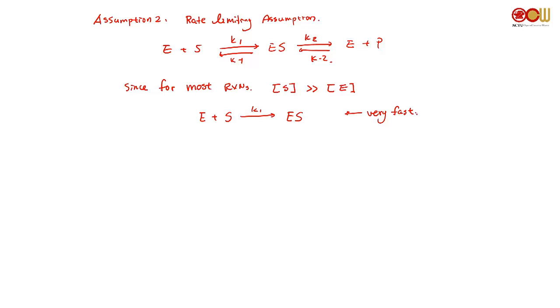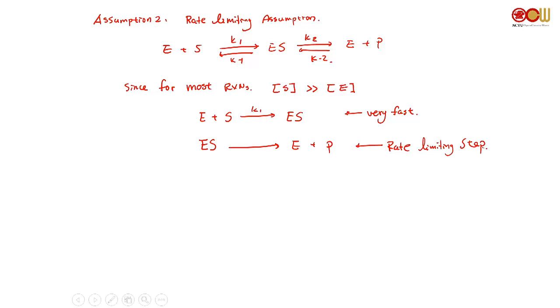And ES then goes to E + P, and this one will be the rate limiting step.